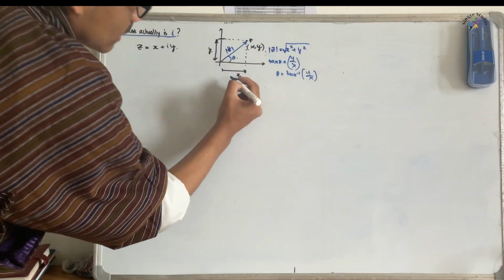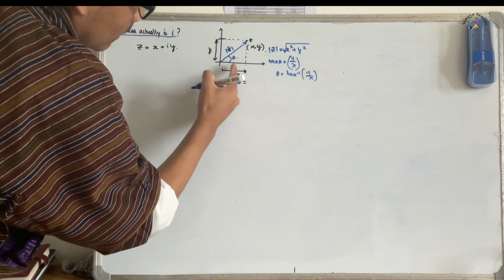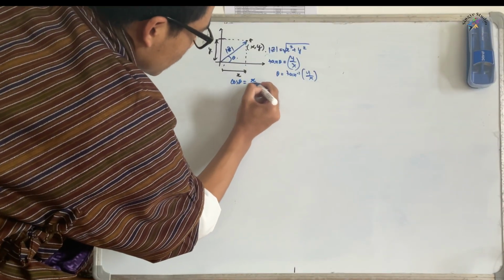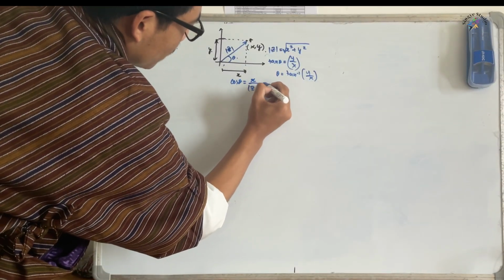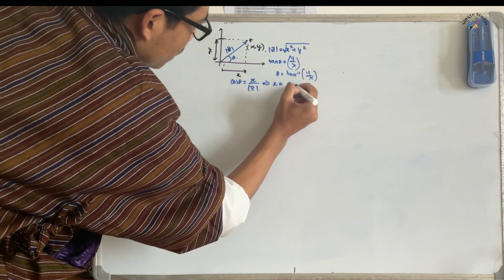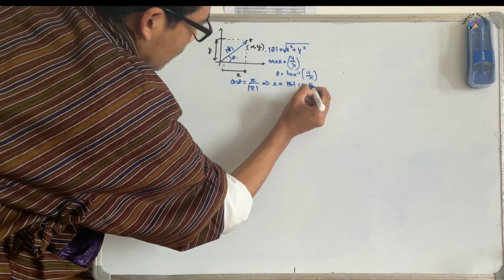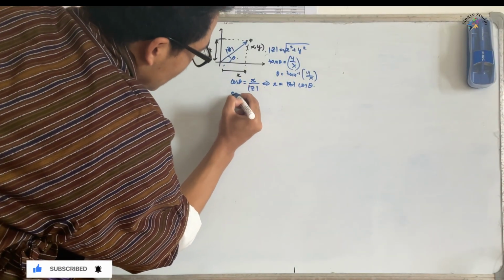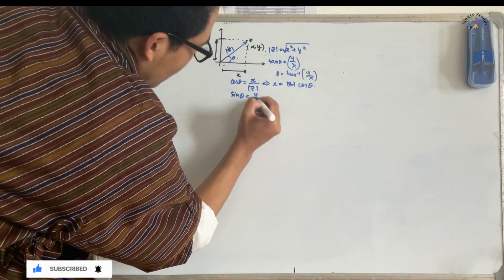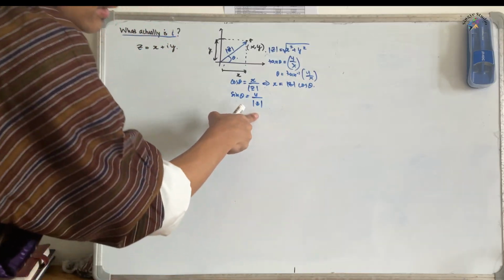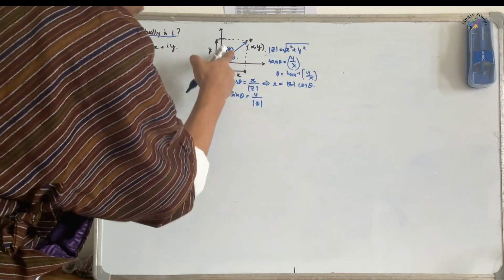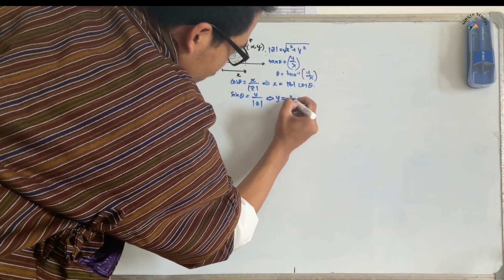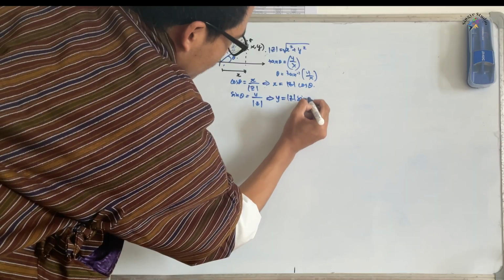Cosine theta is adjacent over hypotenuse, so cosine theta equals x by modulus of z, which implies x equals modulus of z times cosine theta. To find y, we take the sine of the angle: sine theta equals y by modulus of z, which is opposite over hypotenuse, so y equals modulus of z times sine theta.